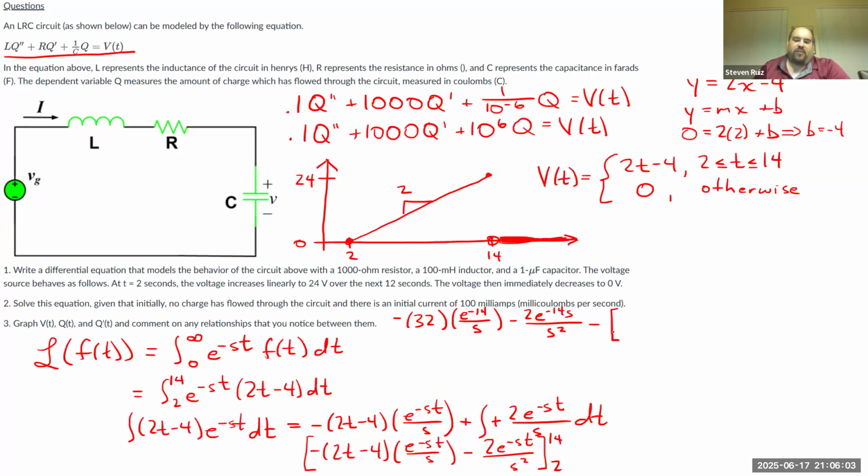So 2t minus 4, that's 0. So the entire left-hand term vanishes. Then when I plug in 2 for the other bit, I get minus 2e to the negative 2s over s squared. So I believe this is my complete transform after I do some cleanup.